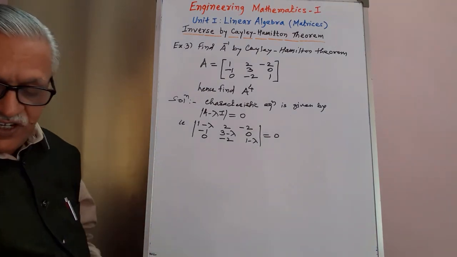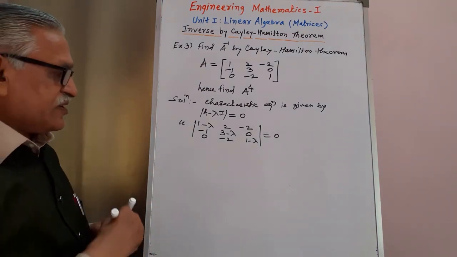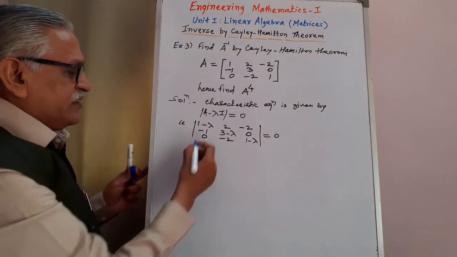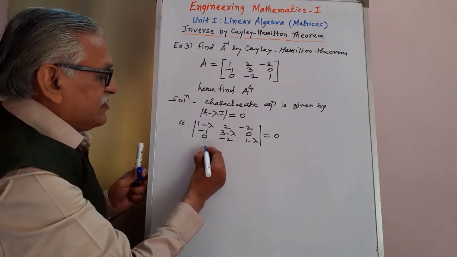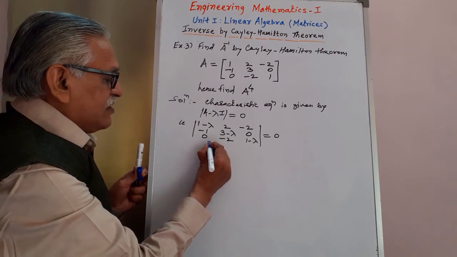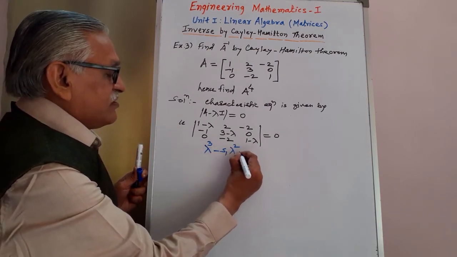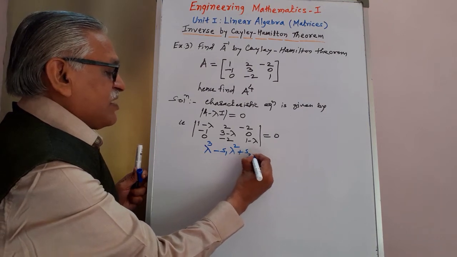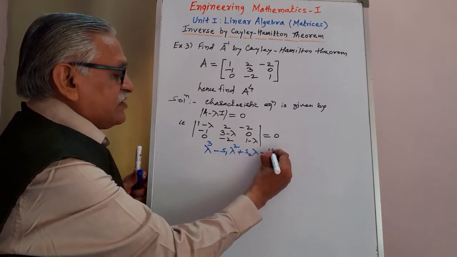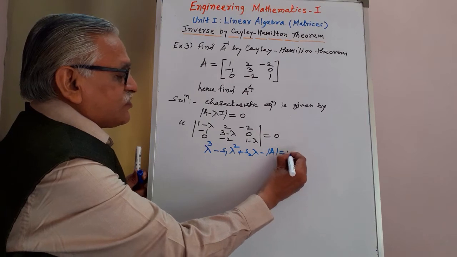And this equation is obtained by using that shortcut method. It is nothing but lambda cube minus s1 lambda square plus s2 lambda minus determinant of A equals 0.